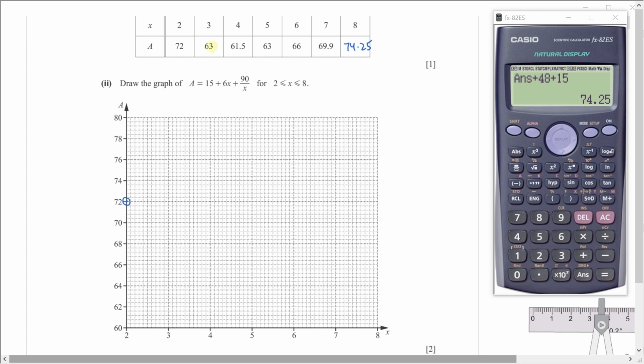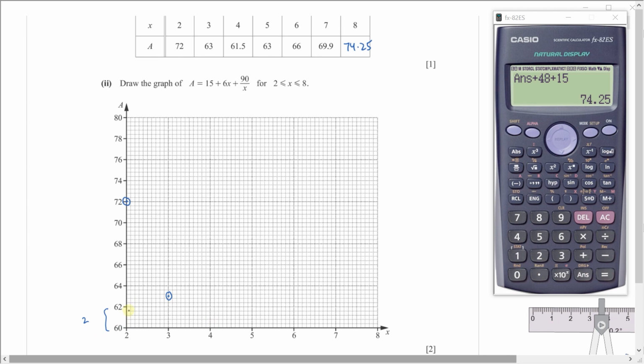Then for x equals 3, you have 63. So 63 will be in the middle of this small block here, exactly between 62 and 64. So this is 63. 4 is 61.5.